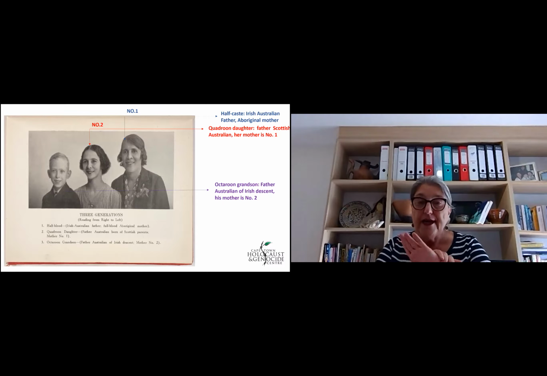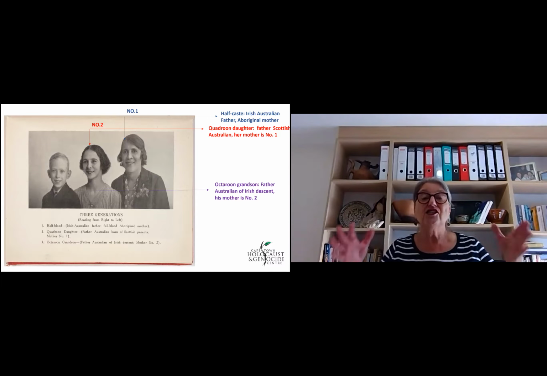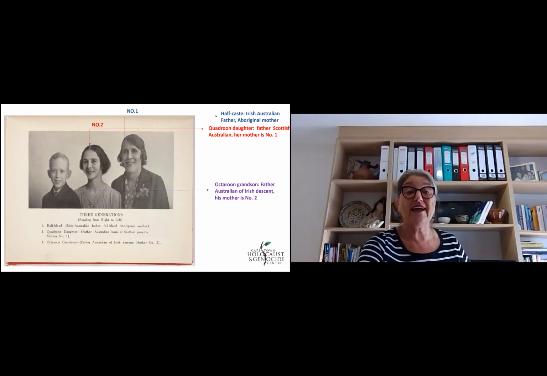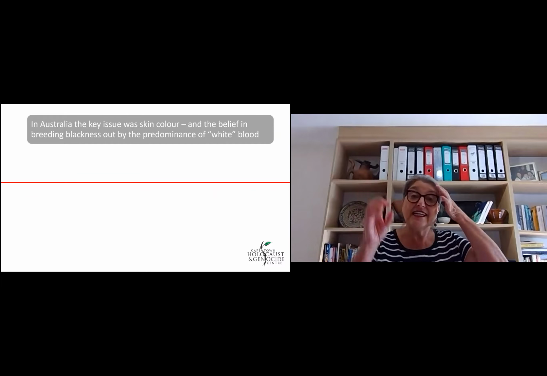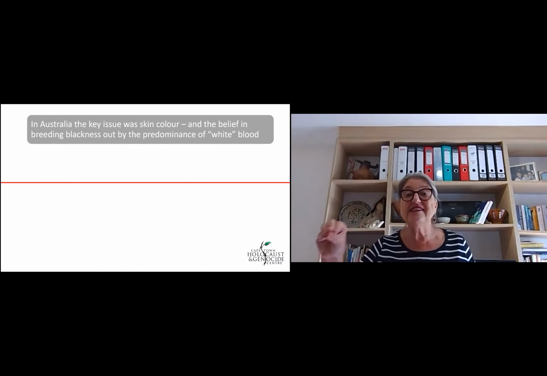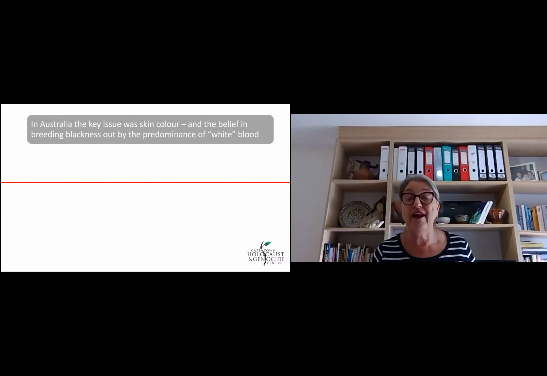They were more interested in skin color, not necessarily blood, so to speak. So it's complicated, but this was the Australian brand of eugenics, to breed blackness out. Now, the key issue was skin color. The key issue was breeding blackness out by the predominance of so-called white blood.